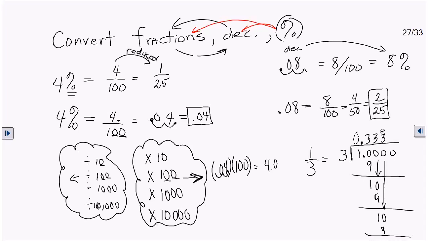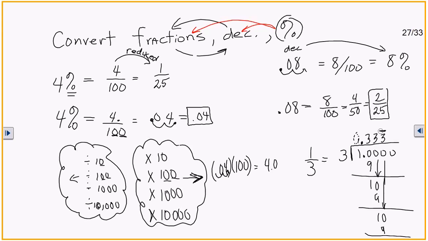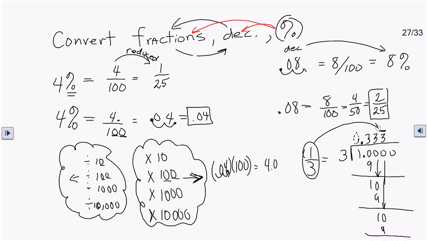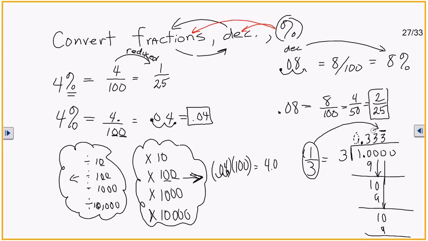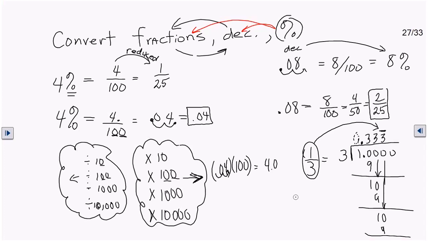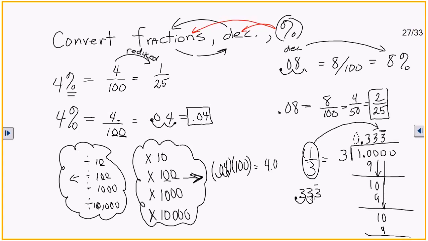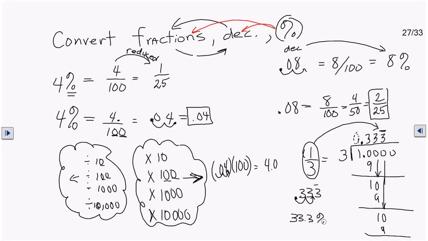So you put a line over that, and now I've just changed my fraction to a decimal by using long division. And now I can change 0.33, change that decimal into a percent, and that would be 33.3%. And make sure you put a line over it.